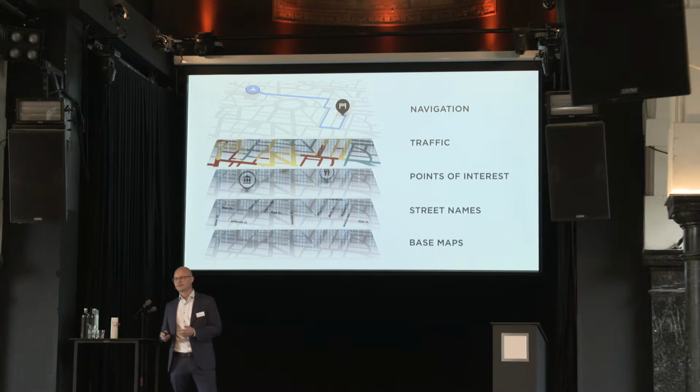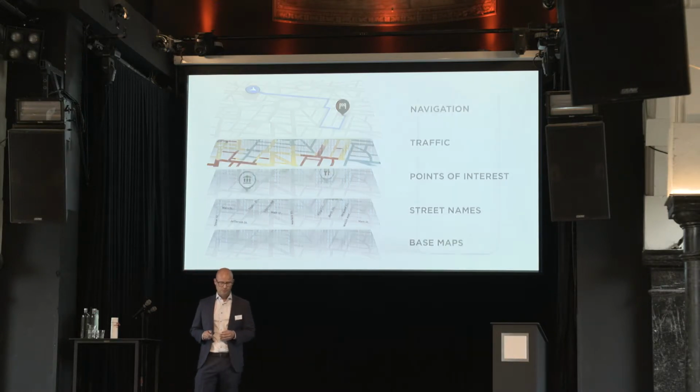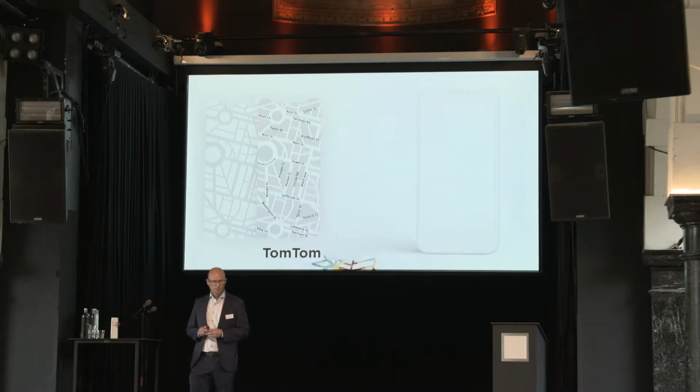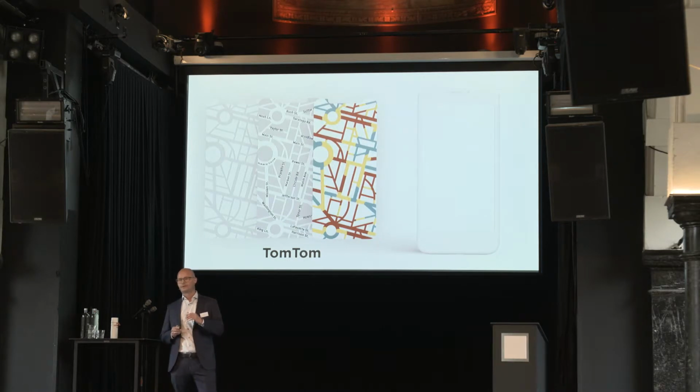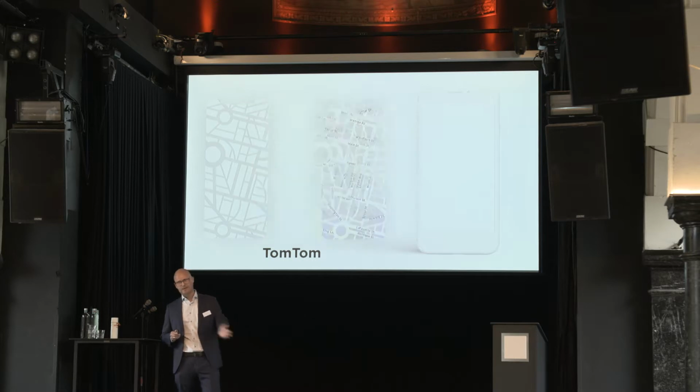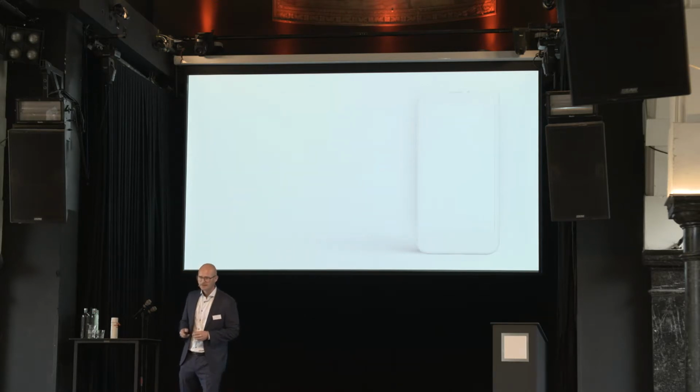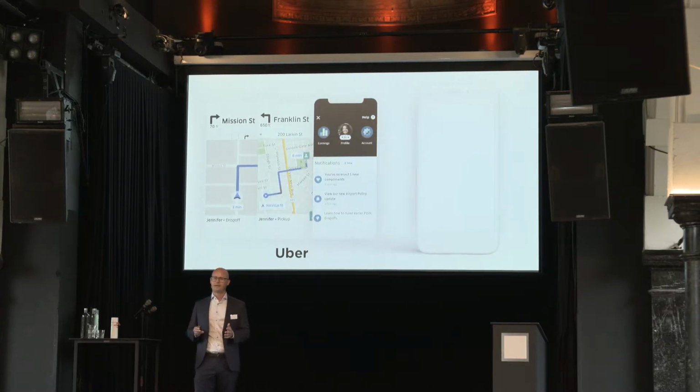Let me give you another example, and in this example I will use Uber. Uber is taking all the layers we have in our uncompiled maps and traffic. We put that into the phone. Uber decided that they wanted to create their own map look in terms of colors and how it behaves.